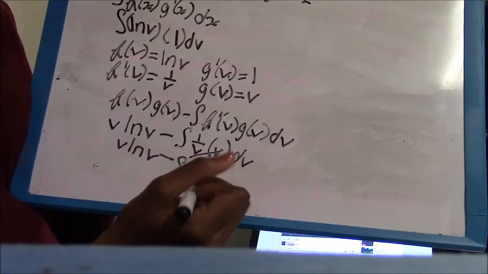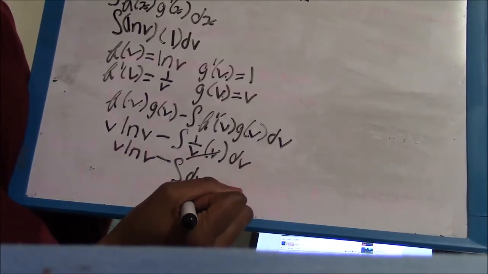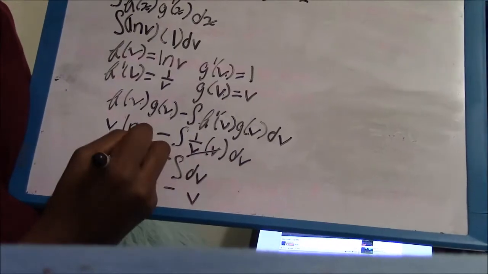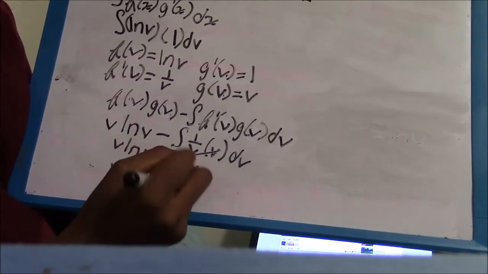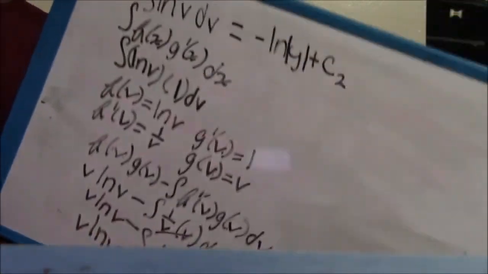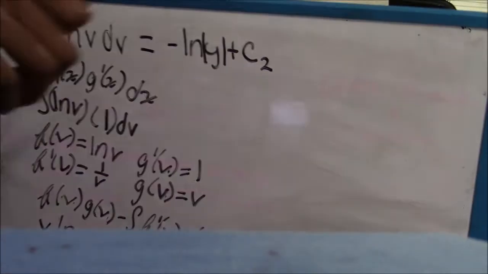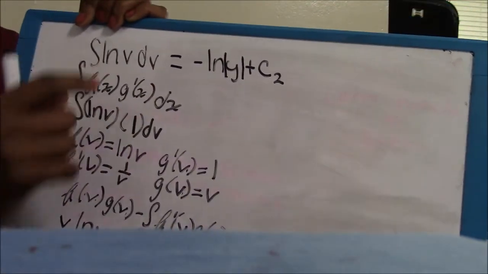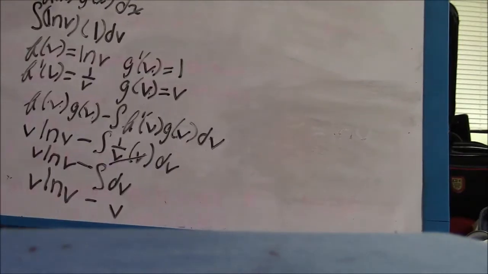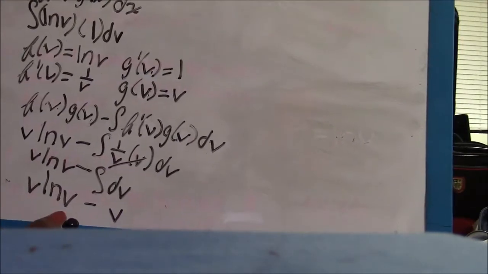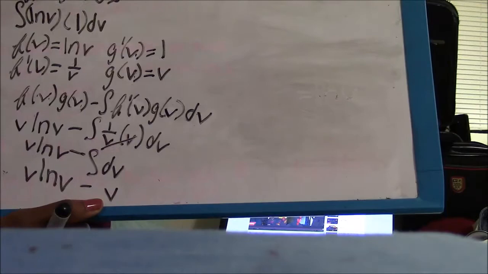And the integral of dv is just v. So the integral of ln of v is altogether going to be v ln of v minus v.